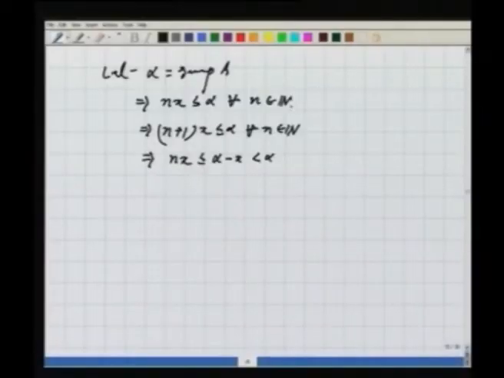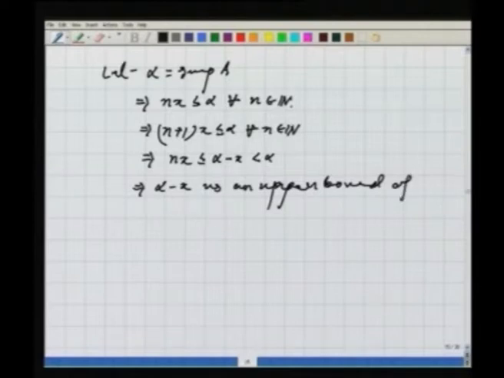As alpha minus x is less than alpha, I see that it implies alpha minus x is an upper bound of the set A.